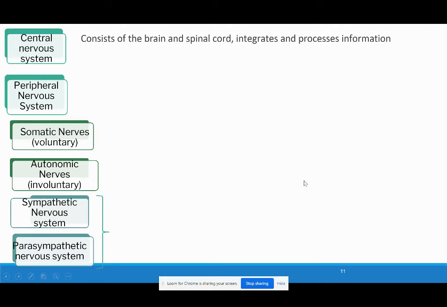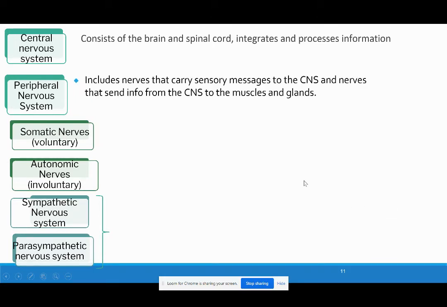Okay, so these slides are just defining each one of these categories. So CNS, again, brain and spinal cord, it integrates and processes all the incoming information. The peripheral nervous system includes nerves that carry signals to the CNS and nerves that carry information from the CNS out to muscles.